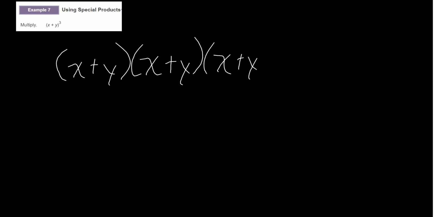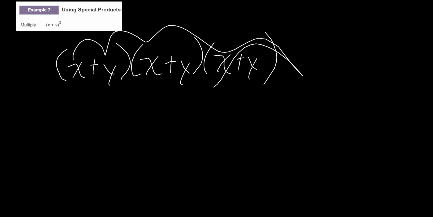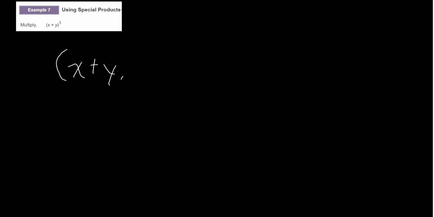Now, you could, if you wanted to, simply say x plus y, x plus y, x plus y, FOIL, FOIL, FOIL. Yeah, it gets rather tedious really fast, right? Instead, what I would want you to do is say x plus y squared times x plus y.